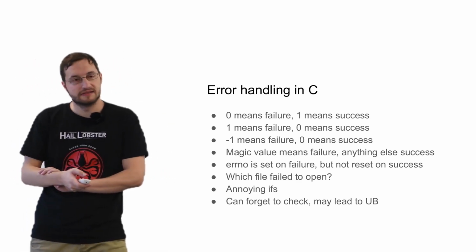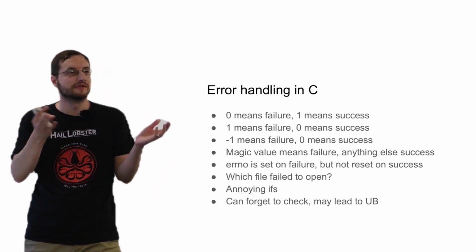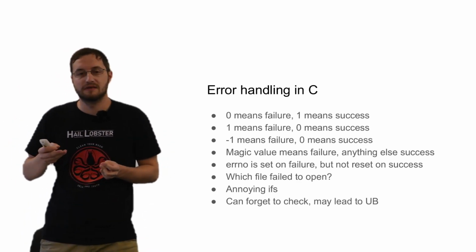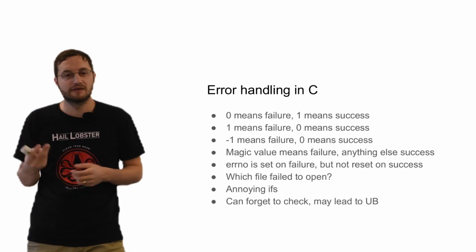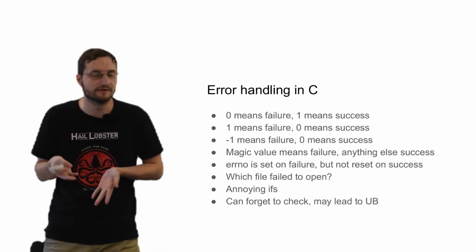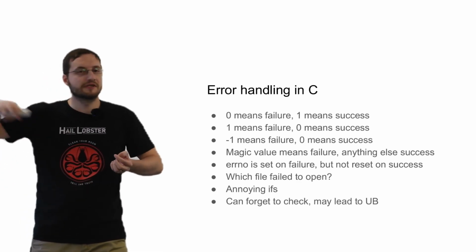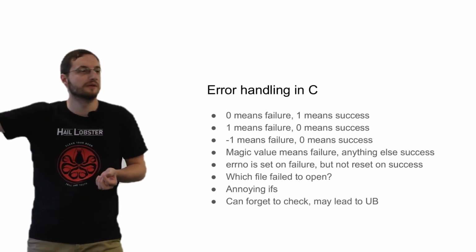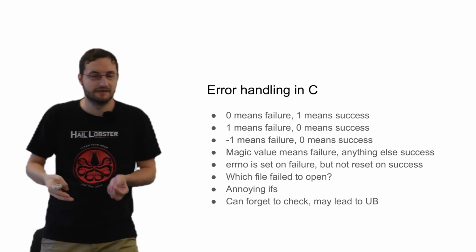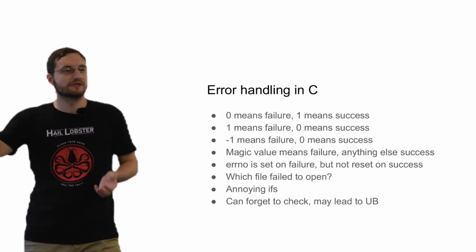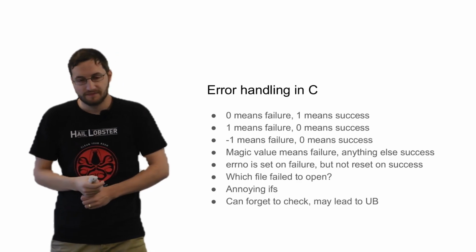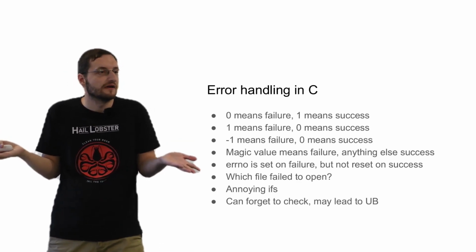Then there is this question: let's say you open a file, and you get back an error which says file not found, and you print it out or return it from the function, then you return it from another function, and so on and so on. And then the function calls up, you print it out, and then, okay, but which file?